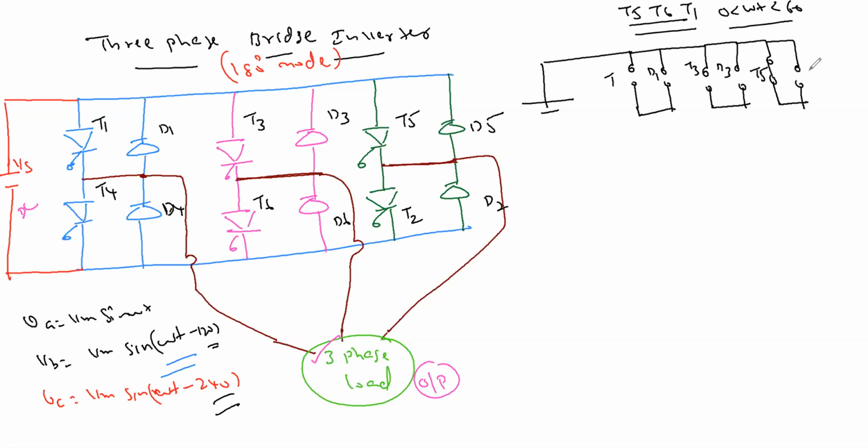Only this is conducting, the rest of the things are open. 6 1, T5 and T1. 5 and 1, and 6 from the down group.